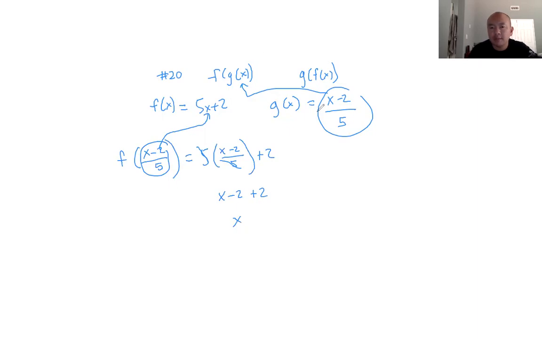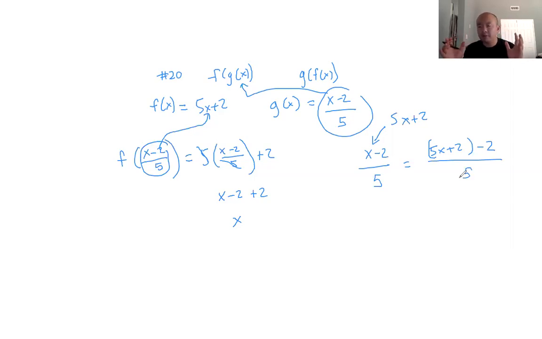What about the opposite way? Let's switch the roles around here. For the x minus 2 over 5, we're going to plug in the 5x plus 2 for that variable. So that becomes 5x plus 2, which I'm going to replace for the variable, minus 2 over 5. Whenever you replace something, make sure you put parentheses in there to help you not get confused.